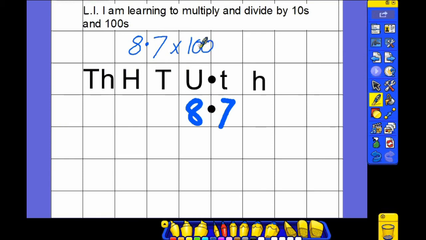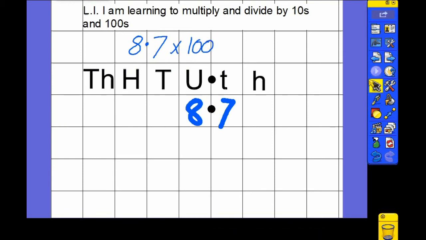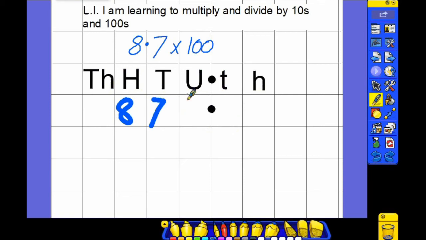We know there's 2 zeros, so it's going to have to move up 2 places. So I take that, I move it up 1, I move it up 2. Now, we've got a gap under here, therefore we can just fill it with a 0. So 8.7 times 100 becomes 870.